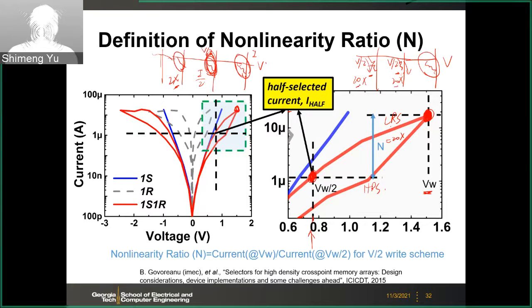So this is the advantage of this selector. Here we define this nonlinearity ratio N as the current ratio at this V and half V point. And in this example, as we just said, it's about 20x.